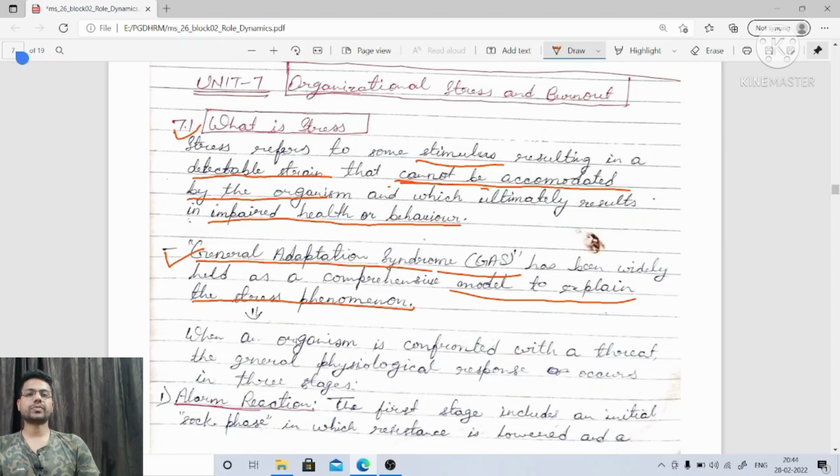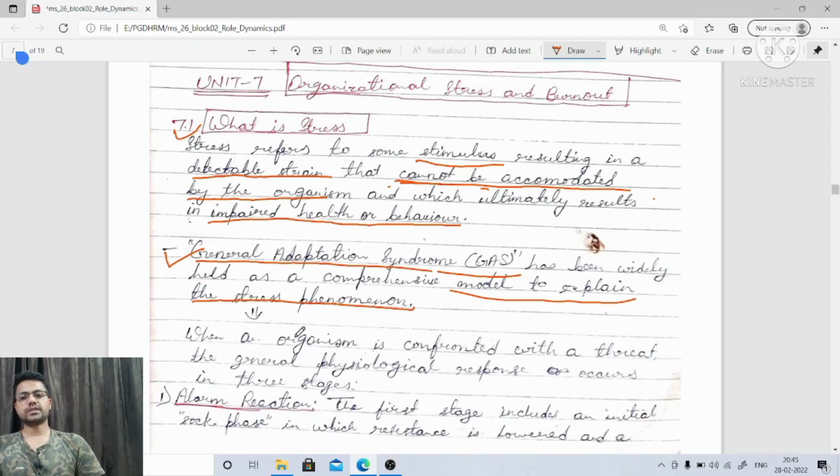So whenever the organism confronts any type of threat, that organism is going to respond. There are 3 stages of response of the organism to that threat, and the responses will be physiological responses.